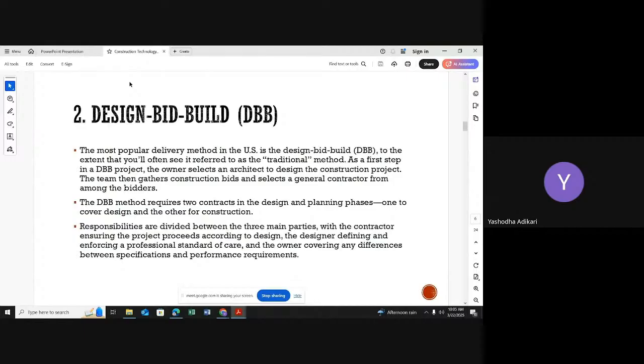The first one is the designer, the second one is the main contractor, the third one is the client. There are three main bodies in this section. In the previous one, there were only two main bodies: the company owner and the client. Here, it is divided between three persons.